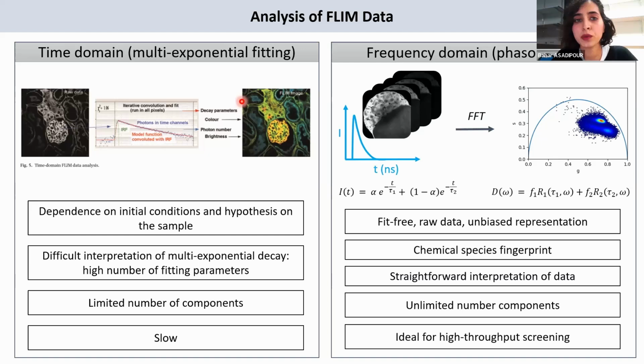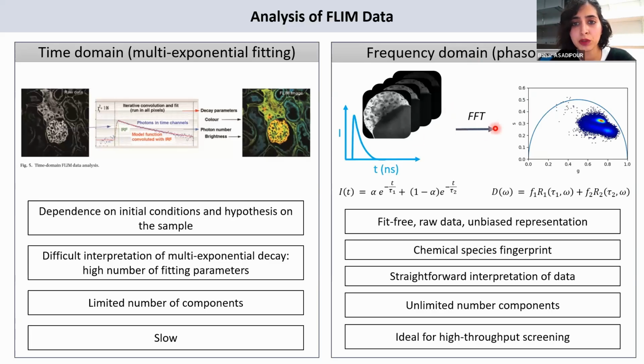In the time domain, the most widely used is multi-exponential fitting. But there are some problems with it, such as its dependence on initial conditions and hypotheses on the sample. The interpretation can be difficult, especially in multi-exponential decays, because of the high number of fitting parameters, and it can be slow.